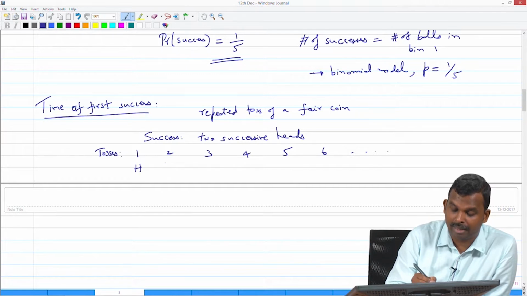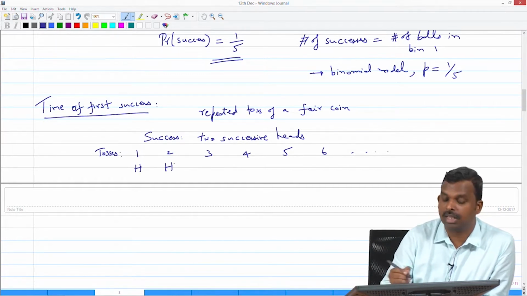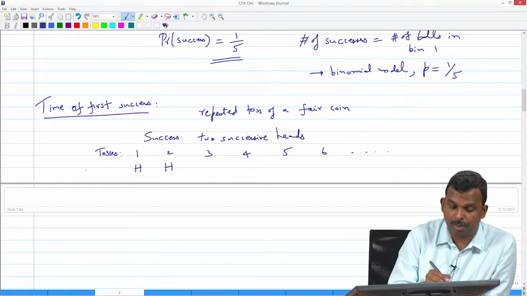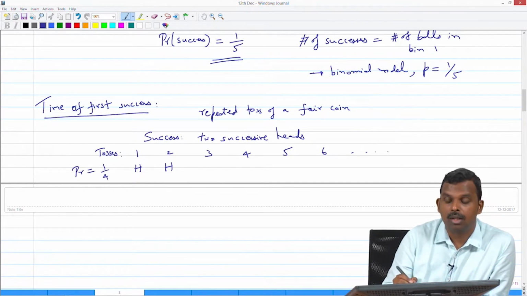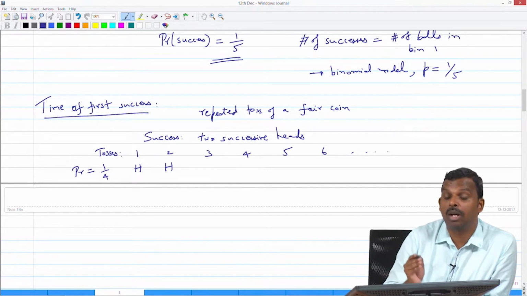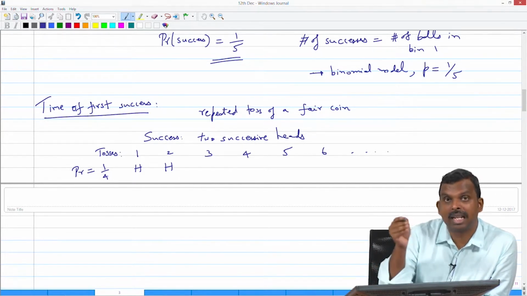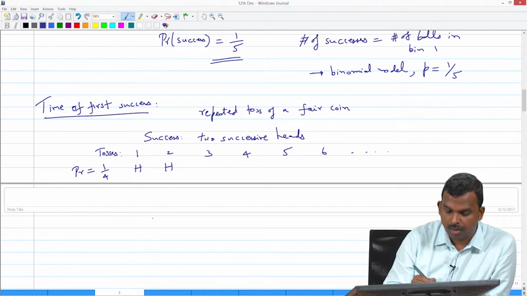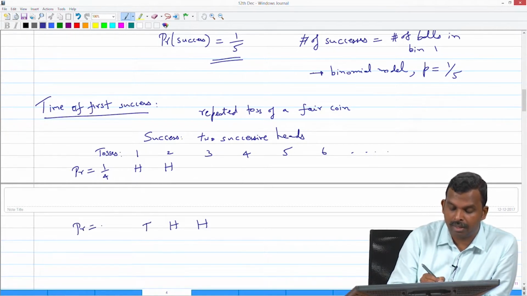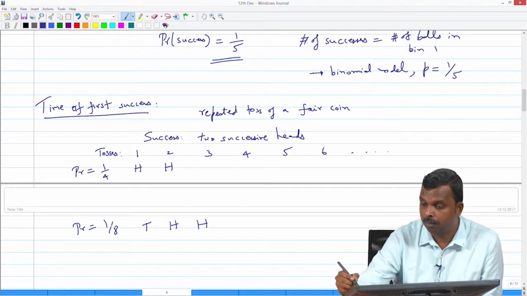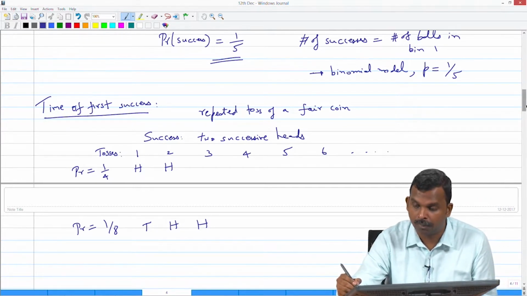If you have heads here, in which case you will stop, what is the probability of this? Probability is 1 by 4. What is the probability that the first time you have 2 consecutive heads is in the second and third position? You should have consecutive heads in the second and third position. You should not have consecutive heads before that, which means the first should be a tail, and that probability is 1 by 8. So, hopefully you can see where it is going.